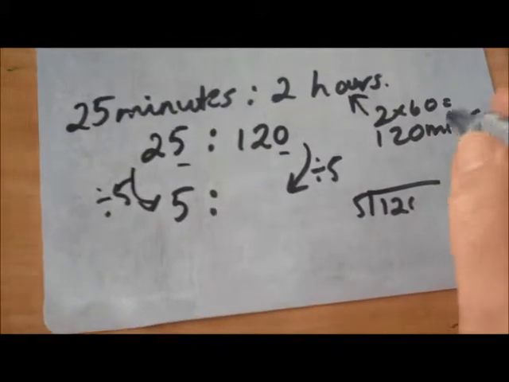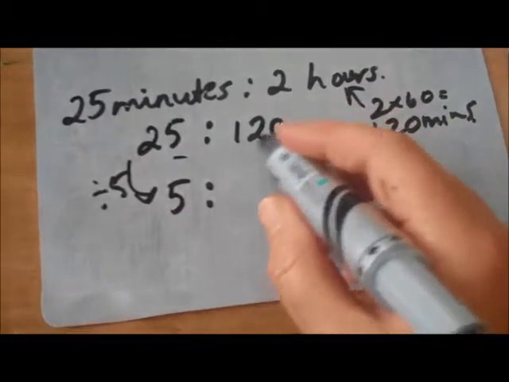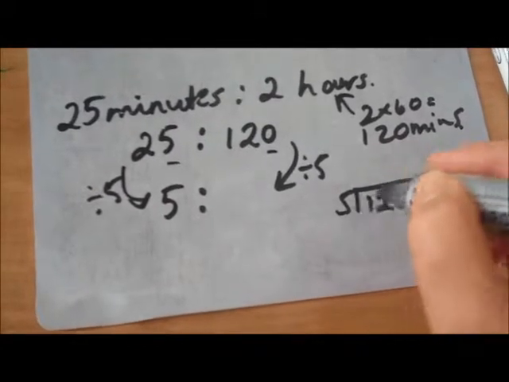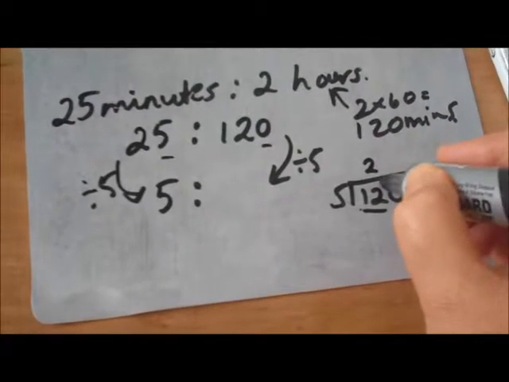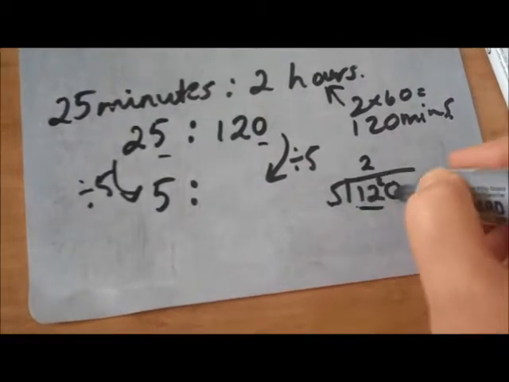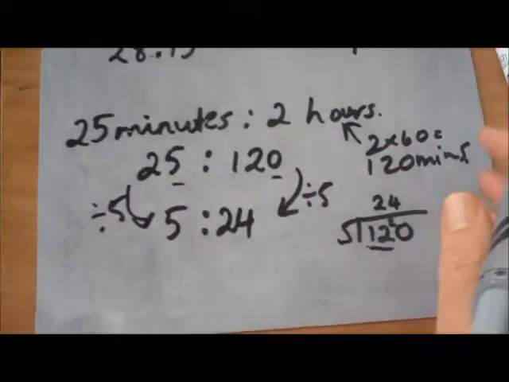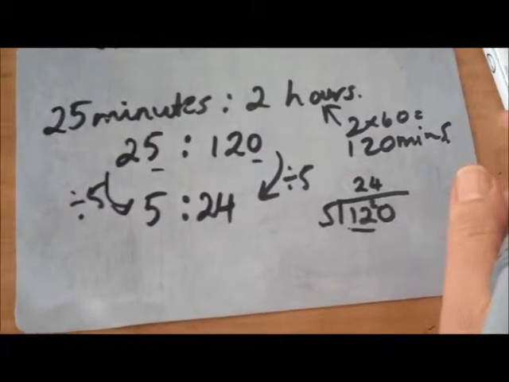Or if you said, okay, 100 divided by 5 is 20, plus this 20 has got 4, so that's 24. You may be able to do it that way, or you can do it as a short division. 5 into 12 goes twice, and there's 2 left over. 5 into 20 is 4, so it's 24. So 25 minutes to 2 hours is a ratio simplified to 5 to 24.